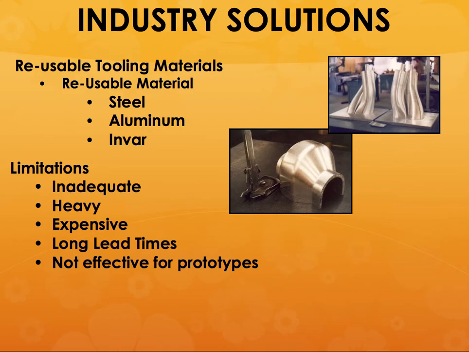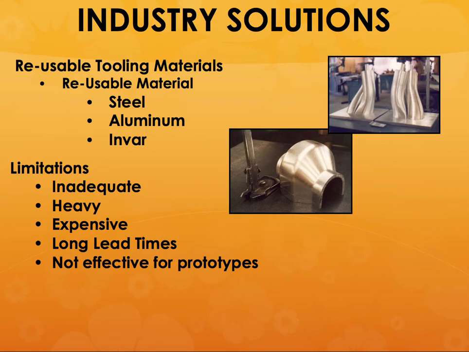As you well know, when you make the first part, that first part is never going to be accurate. So you have to modify the tooling, which means you have to cut it, scratch it, or machine it again. And machining is going to be an extremely hard process for Invar. Steel and aluminum is okay, but the problem is that steel and aluminum expand and contract a lot.